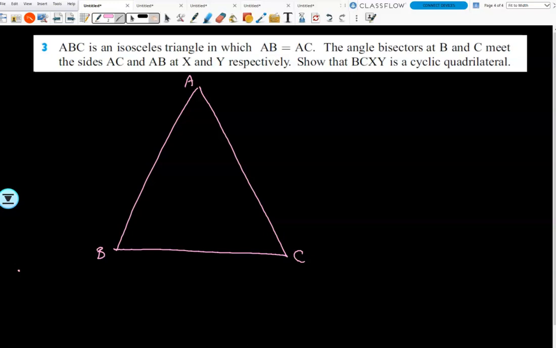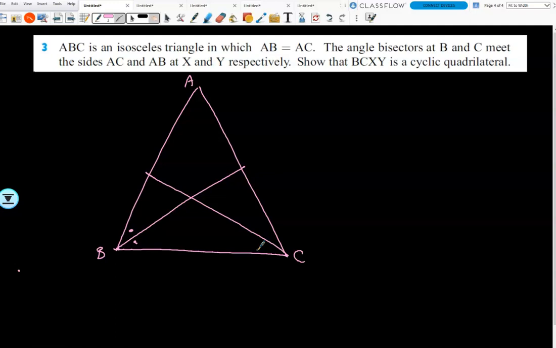All right. The angle bisectors at B. So, what's an angle bisector? Cuts in half. Meets the side. So, we're going to cut that in half. And we're going to put dot, dot. Okay. And at C. Now, can I put dot, dot, or do I have to put a different one? Why is it different?